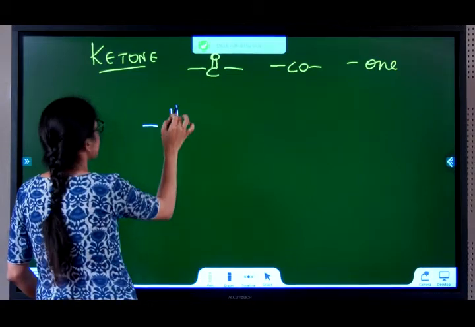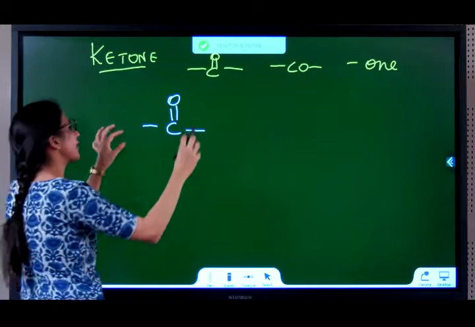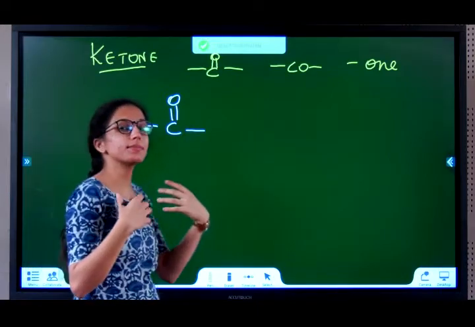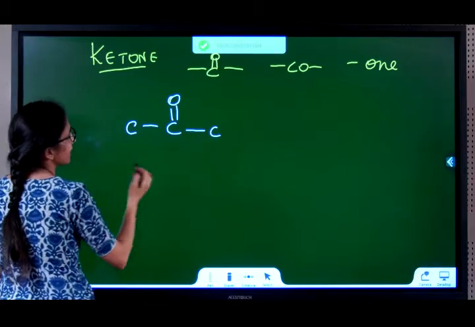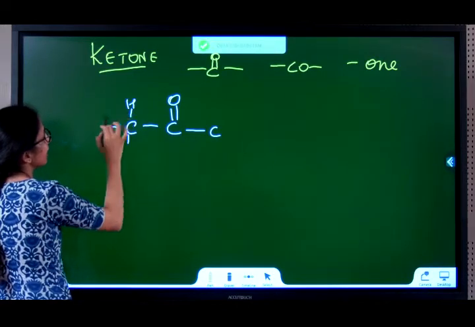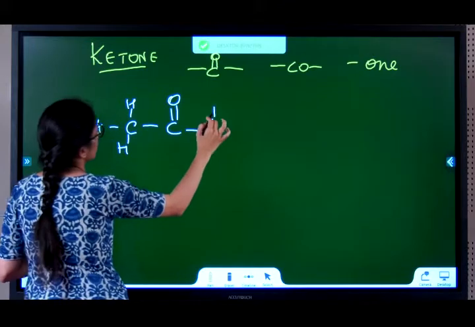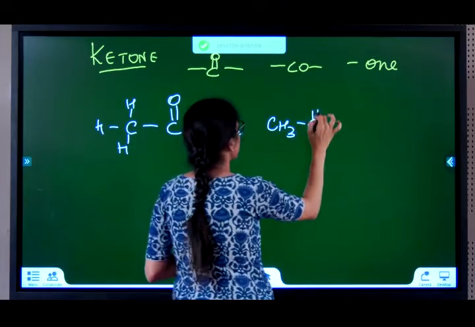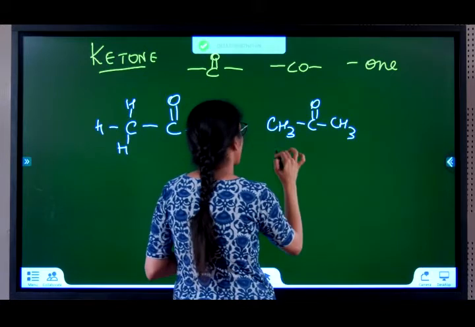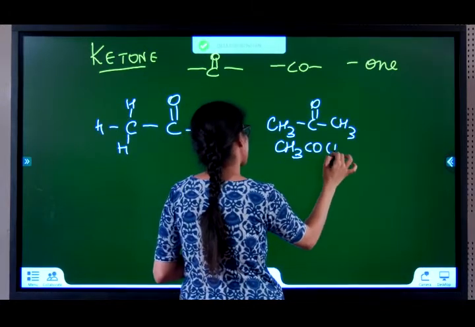So if I have a CO here, I am not allowed to add H and H here, because that group then becomes an aldehyde. So I am supposed to add only C and C. How many H's does this need? H, H, H, H, H, H. Or you can write it as CH3, C double bond O, CH3, or CH3, CO, CH3.